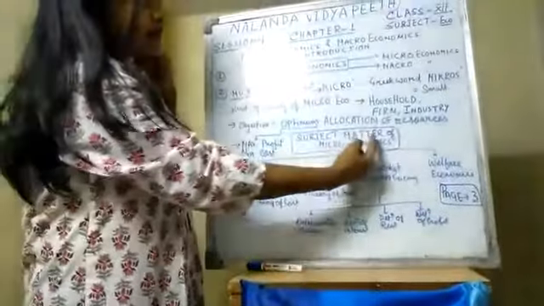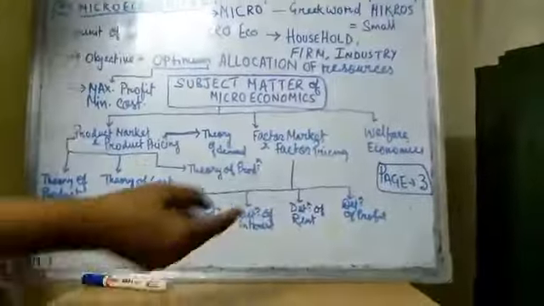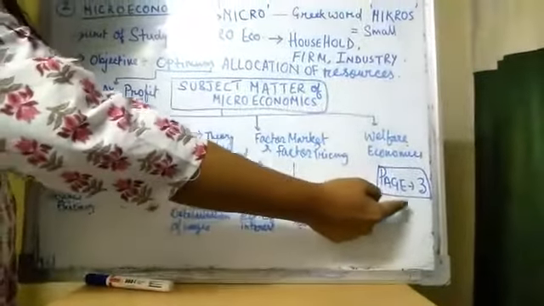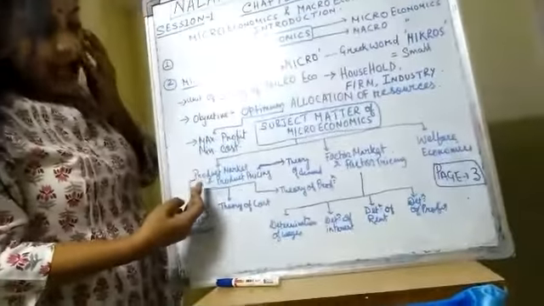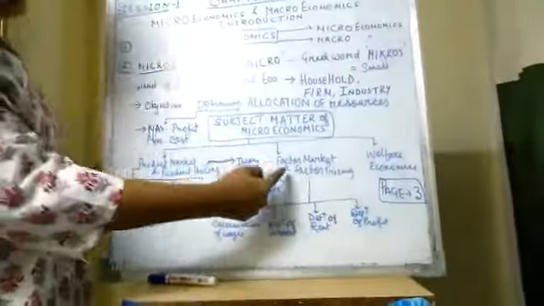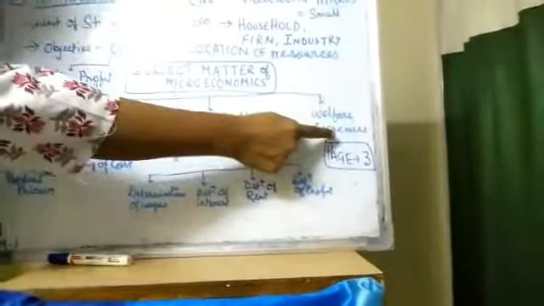What are the subject matters of microeconomics? In your book, on page number 3, you will get this entire flow chart. The flow chart shows that the subject matters of microeconomics are product market and product pricing, factor market and factor pricing, and welfare economics.